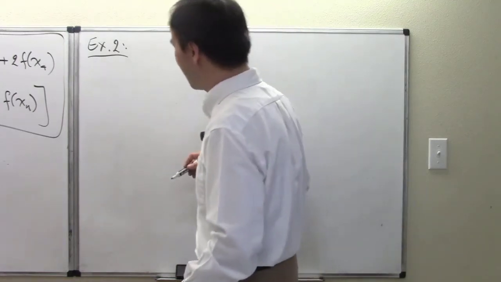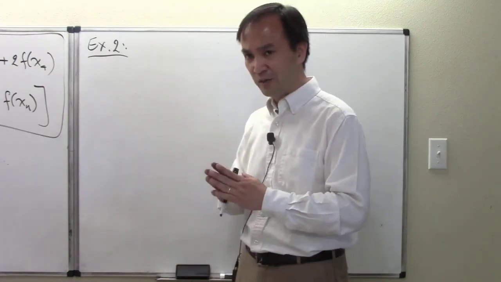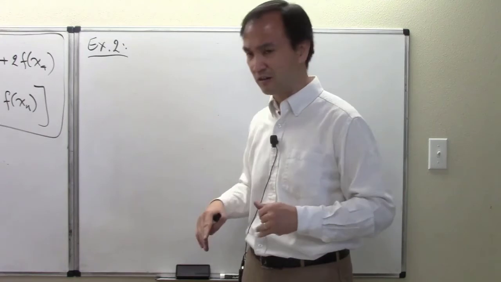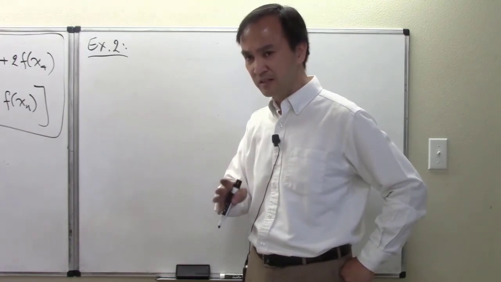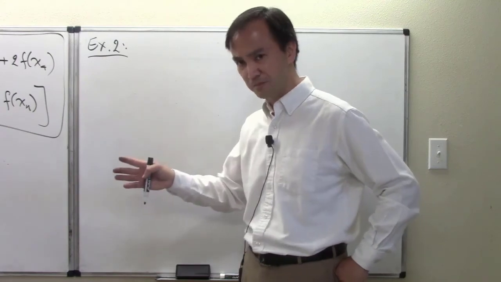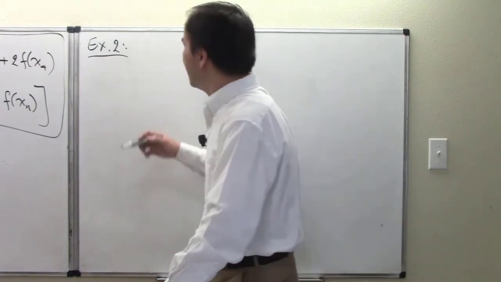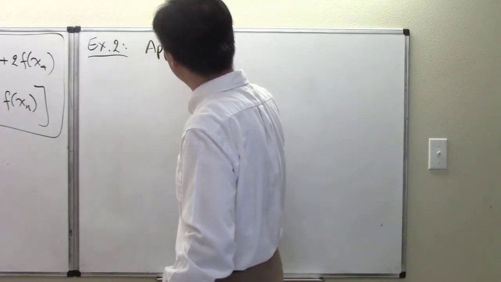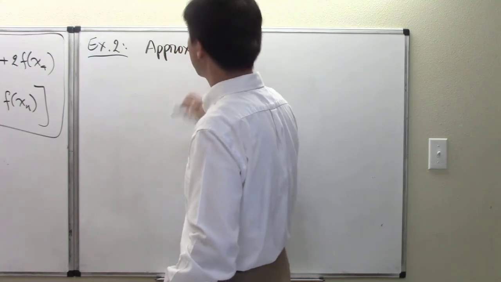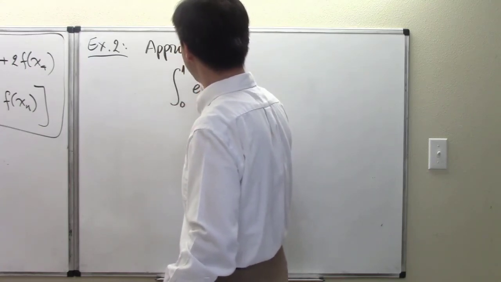And I purposely use the same function so that later on we can compare efficiency on any of these. On some function, this approximation method wins better efficiency compared to the other ones, for example. Okay, so I want to approximate this integral from 0 to 1 of e to the x squared dx.